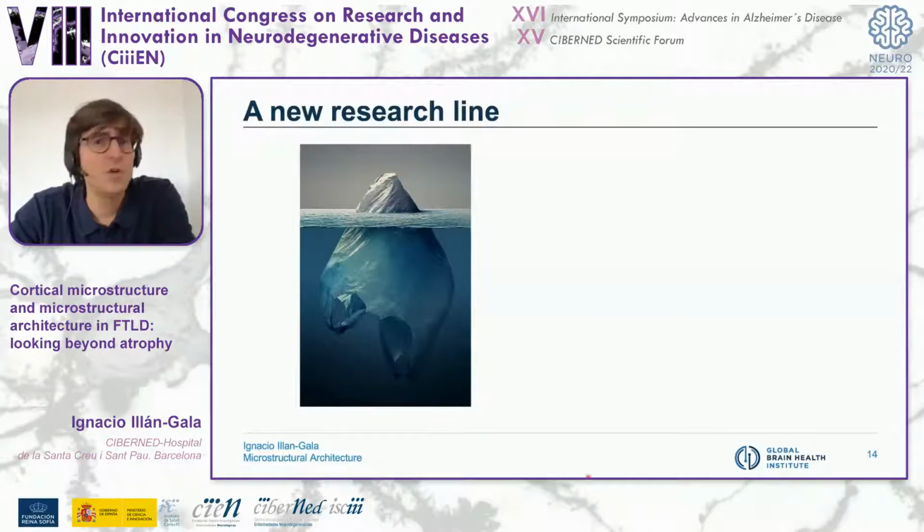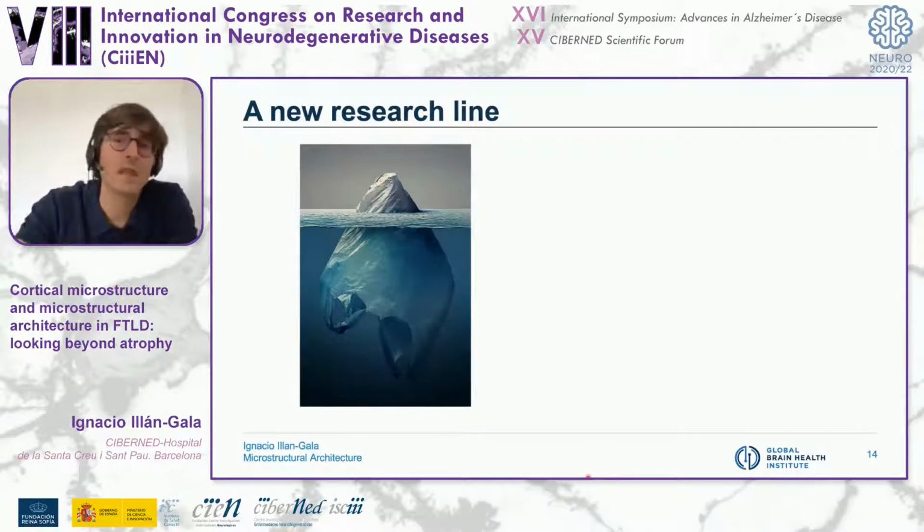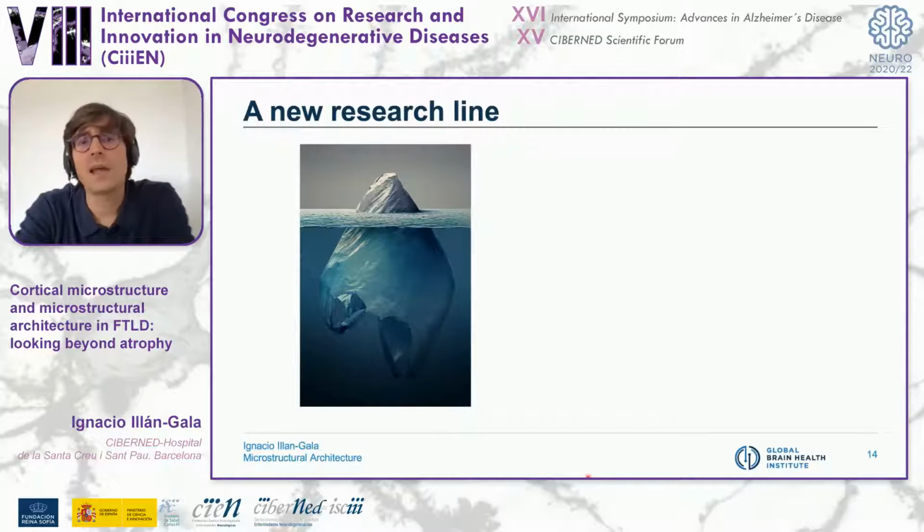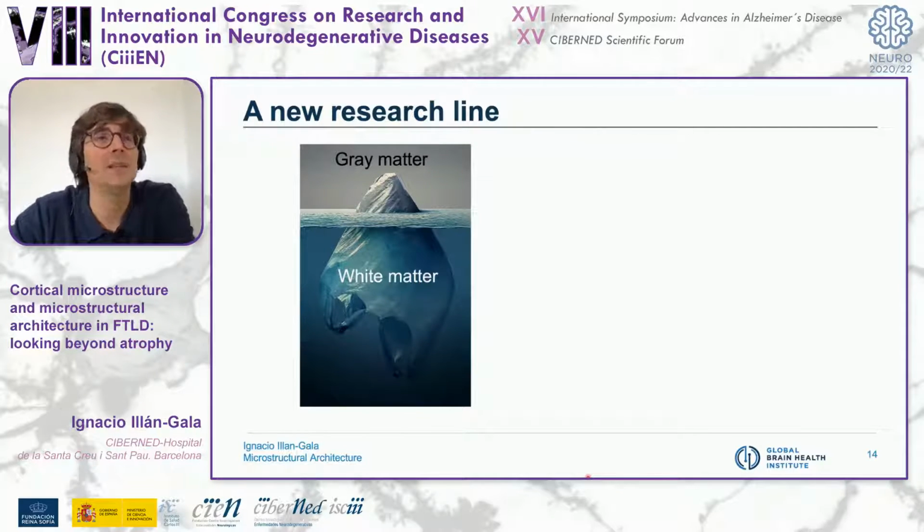To introduce this new biomarker, I would like you to think about an iceberg. Until now, we've been looking only at the little mountain of ice, and we've been ignoring what we have beneath the surface, the subcortical white matter.